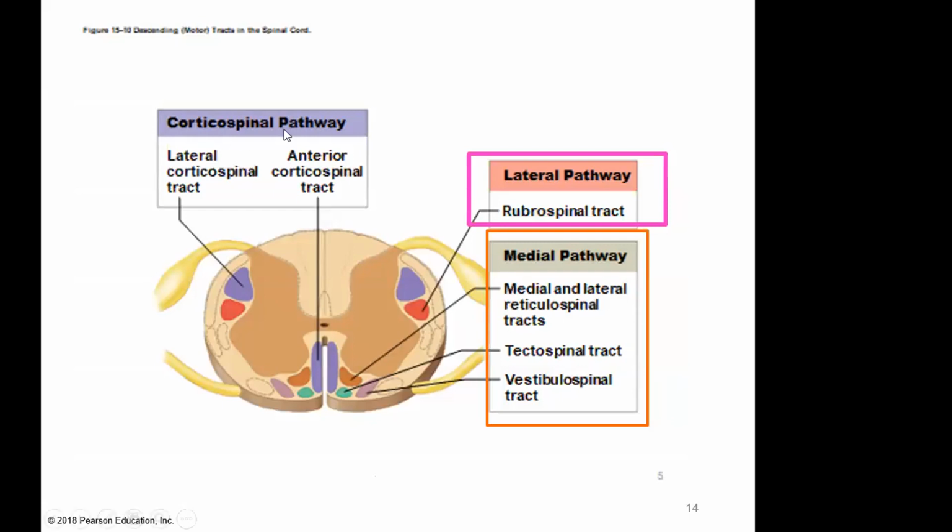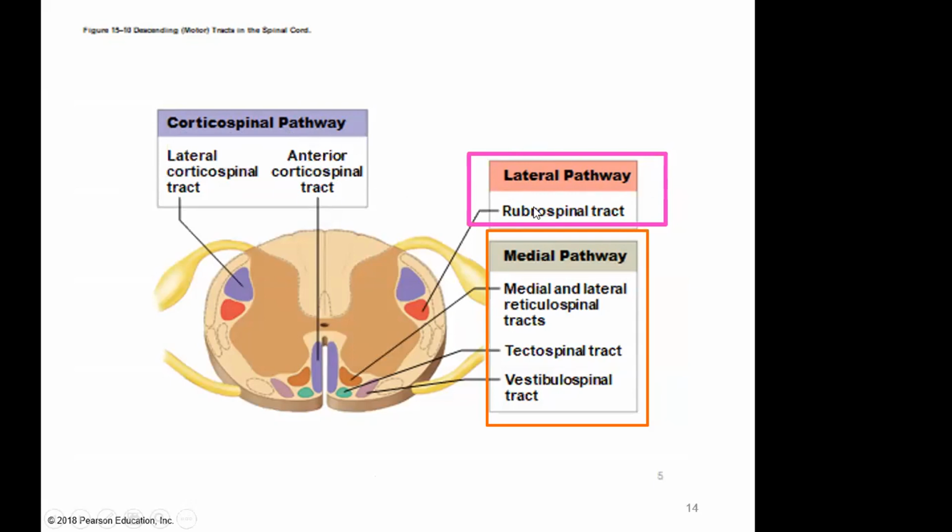All right, so that was our corticospinal pathway controlling the voluntary skeletal muscles in our body. We've got 3 different tracts that we have to remember from that: corticobulbar, anterior, and lateral. All right, now it gets kind of confusing because we have a lateral corticospinal tract, but then we also have what's called the lateral pathway.